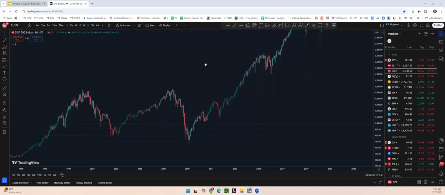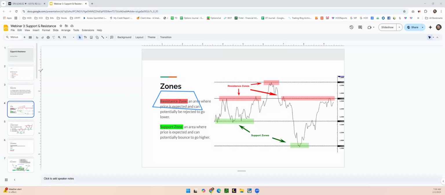All right. So we'll go back to our example that we were looking at earlier about support and resistances. So we're talking about resistance zones and support zones. Every time we talk about a resistance zone, the price has hit a ceiling. And once it hits a ceiling, it's most likely the price will reverse or consolidate in that area.